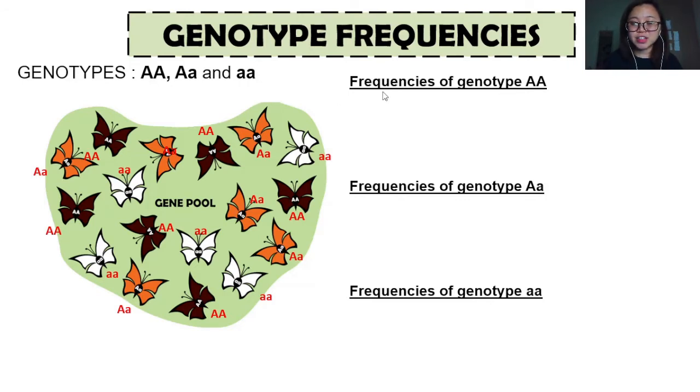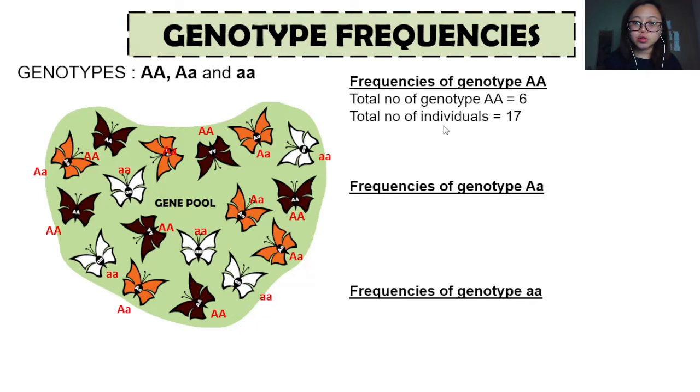Let's start by calculating the frequency of genotype homozygous dominant. First, we calculate the total number of individuals with homozygous dominant genotype. Homozygous dominant genotypes are 1, 2, 3, 4, 5, 6. So 6 individuals with homozygous dominant genotype.